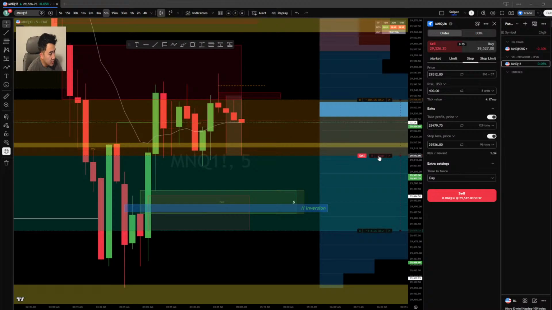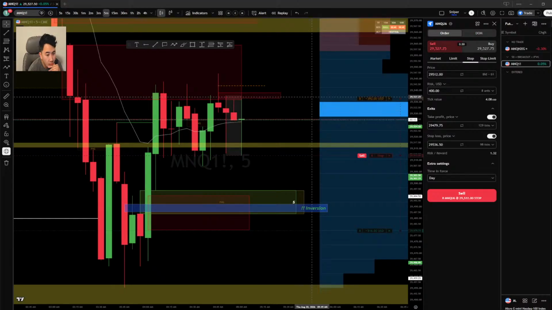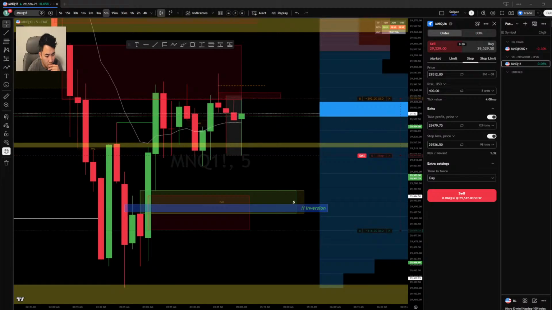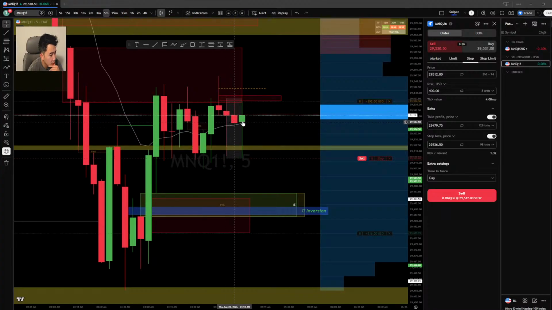Let's see if we get a strong push downwards. Still some resistance here.